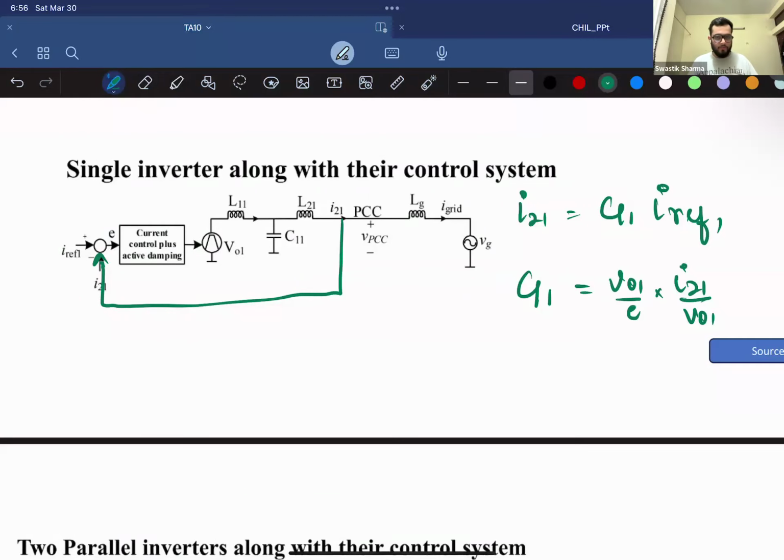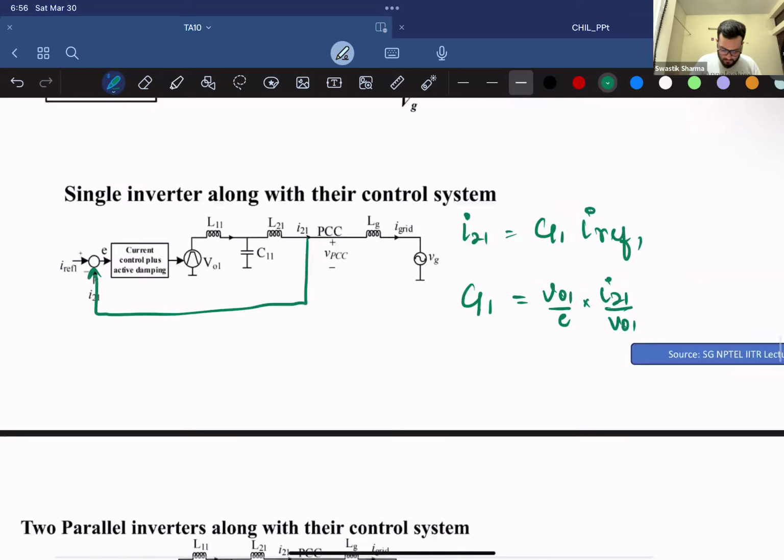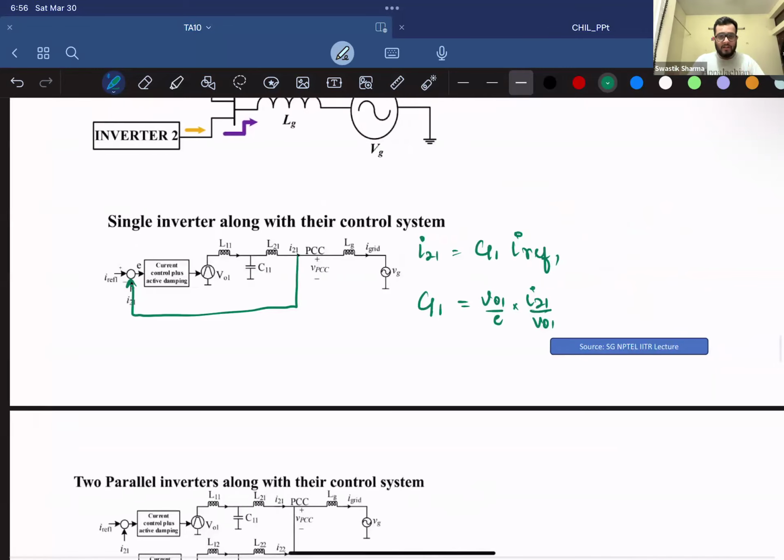The first term is VO1 by E, which is directly controlled through this. E gives VO1, and then I21 is directly connected across VO1, so you can easily find it. This is your G1, right?